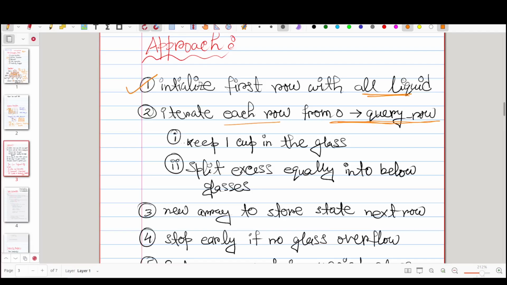Now when we process each row, we just keep one cup of water in that cell, and if it overflows then we split the excess equally and propagate to the downward glasses.